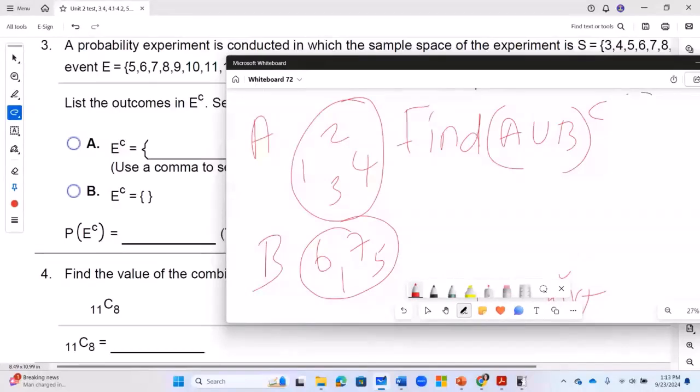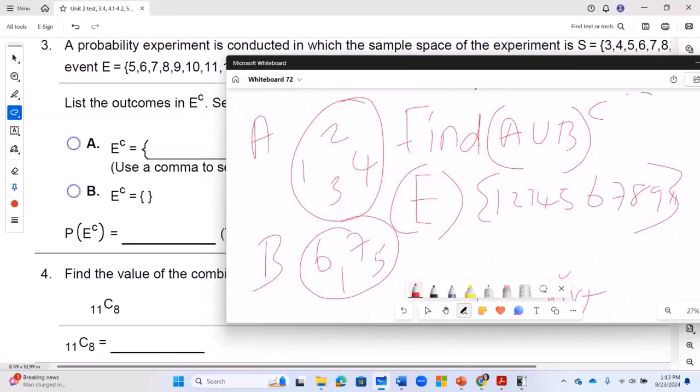So suppose the universal set is another set, E, using set notation: 1, 2, 3, 4, 5, 6, 7, 8, 9.